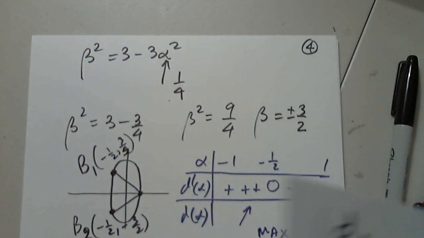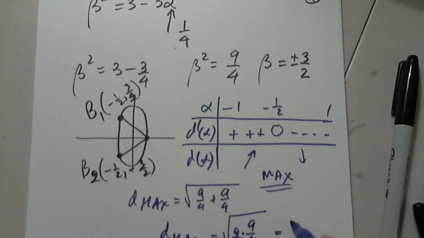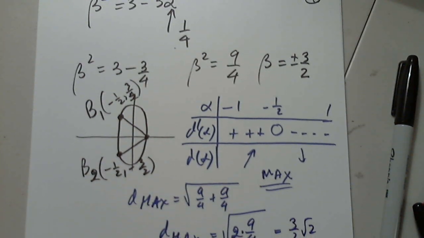Look at that. So the d maximum will be the square root of 2 times 9/4. So this will be 3/2 the square root of 2.